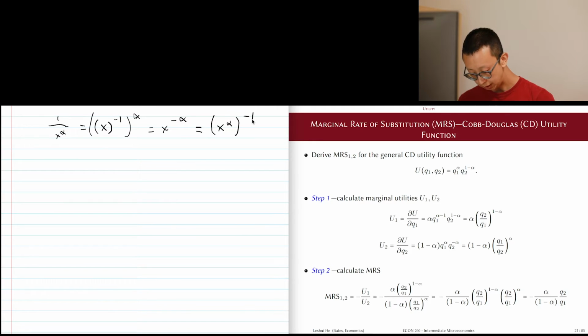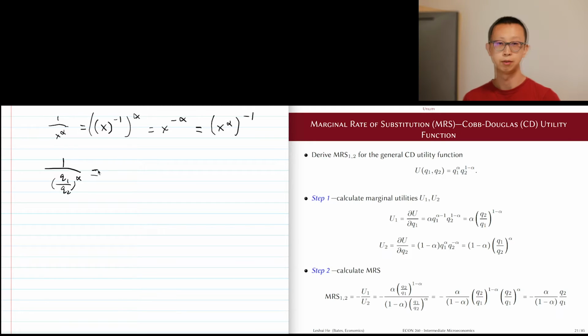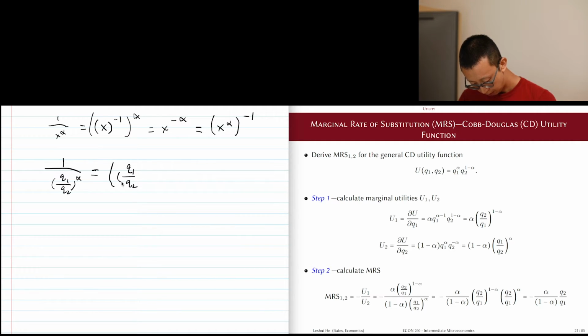Well, we effectively have an expression that is something like 1 over q1 over q2 raised to the power of alpha. If you stare at this expression hard enough and start to be able to treat q1 over q2 as the entire bundle of x, now we can just rewrite it as q1 over q2 raised to the power of minus 1, then raised to the power of alpha.